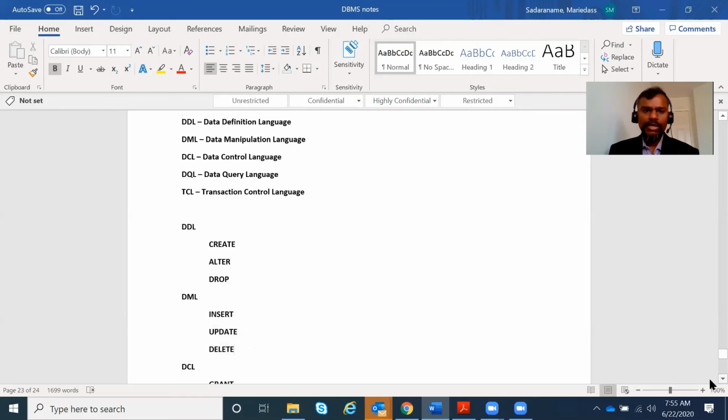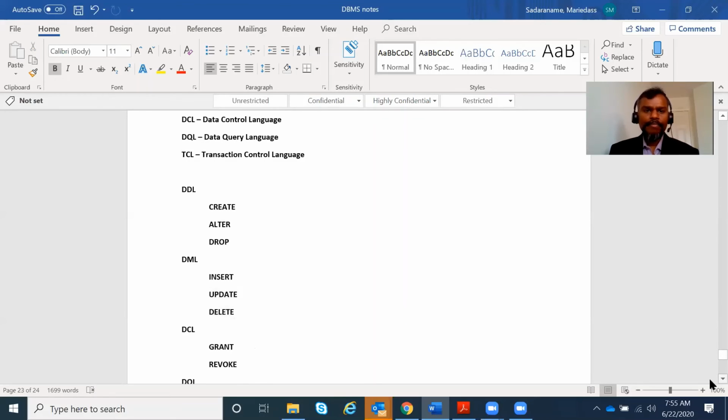Data control. It's called data control because it controls the data access. I should use the term data access. Why is it called a control language? Because these commands control the data. What it means is, for example, in the current world scenarios, the database administrators might create the table for you, but it will be given to you.